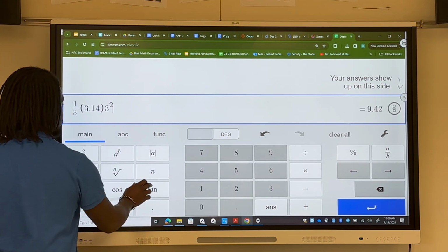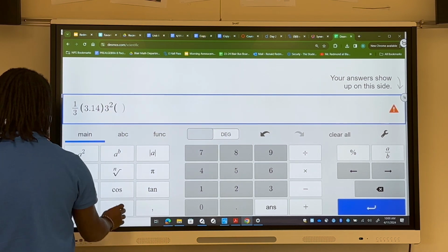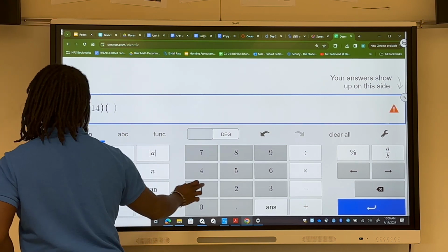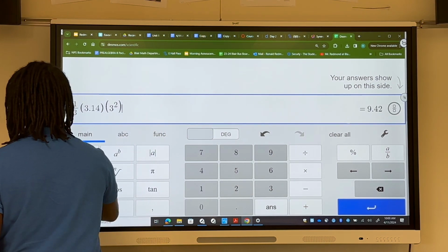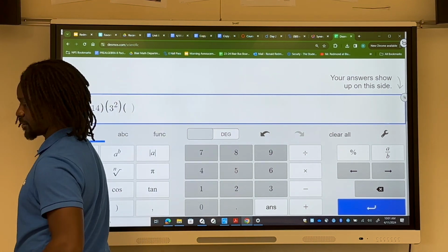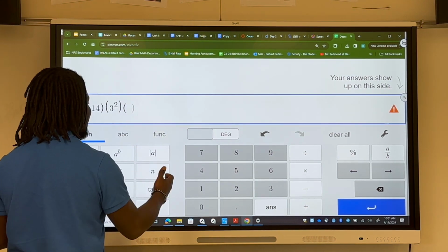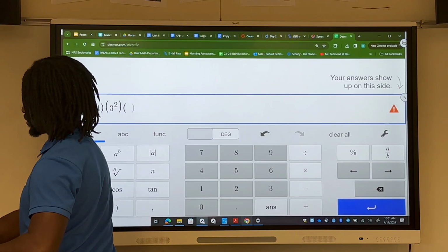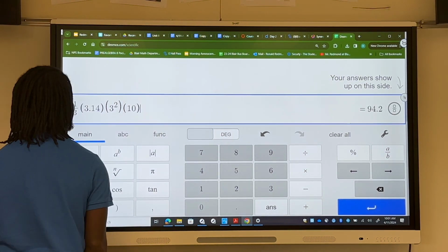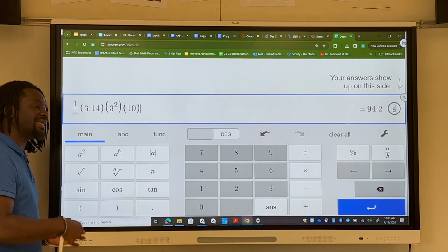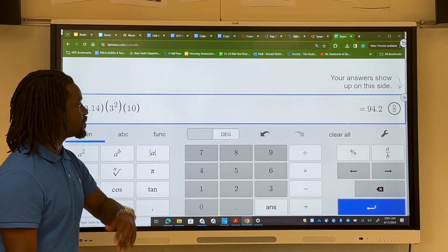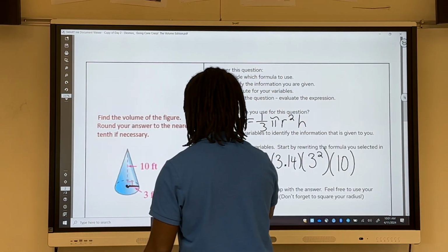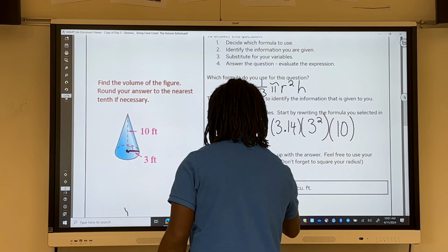And then, just for the sake of consistency, we put 3 squared in parentheses, and then times the height, and the height was 10. Yes, it was 10. All right. So I just, again, plug that into Desmos, and it gives me my answer, 94.2. So 94.2, okay, is the volume.